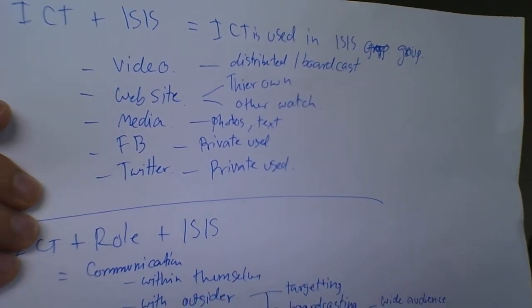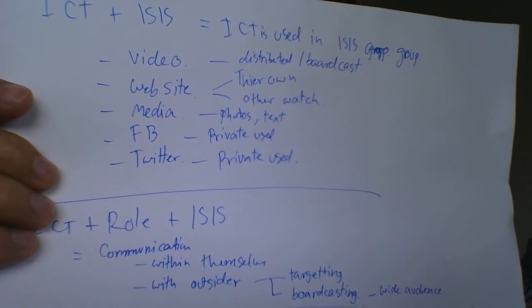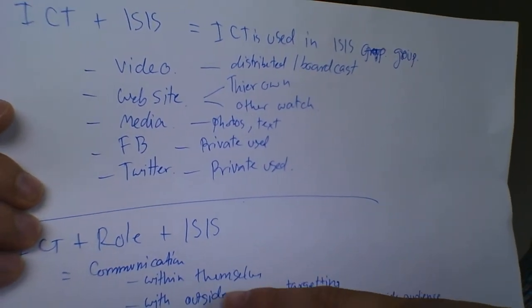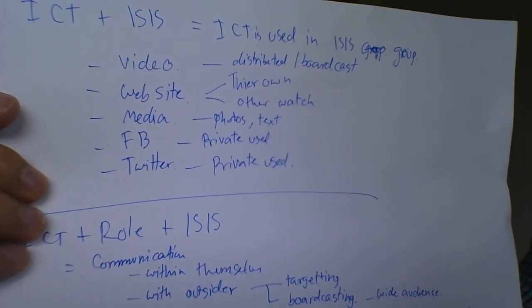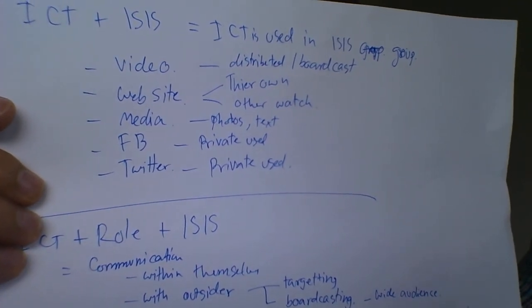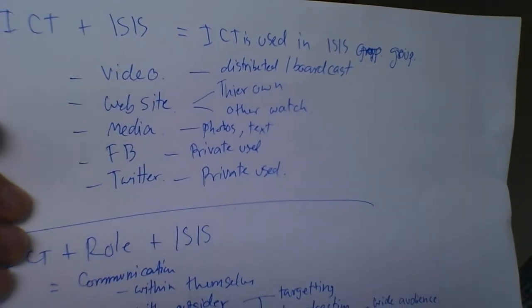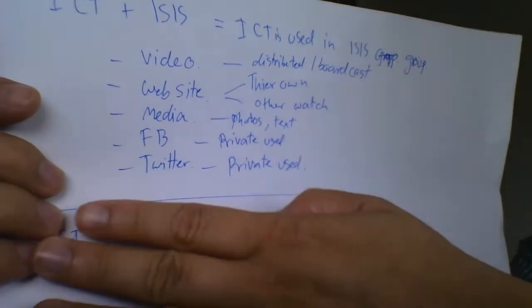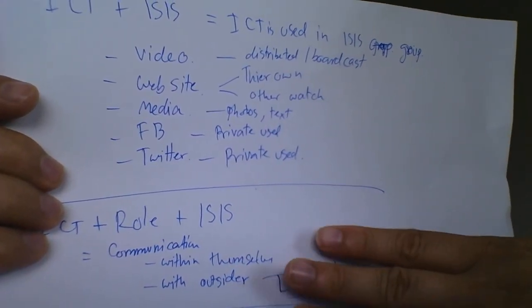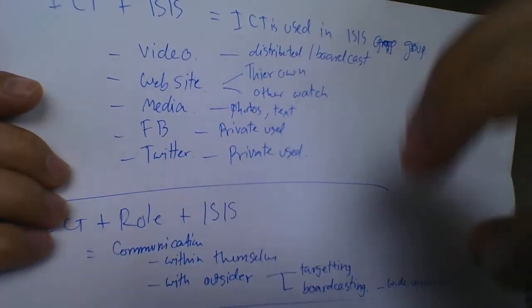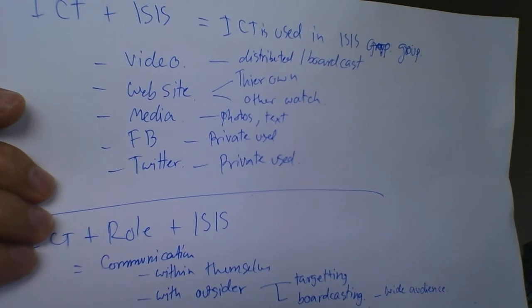And to outsiders, it increases hate, bombing, and agreement, because people agree that the US and other nations should stop them, the ISIS group. So this is the kind of idea development, coming from input concepts, process concepts, and now the output concepts.